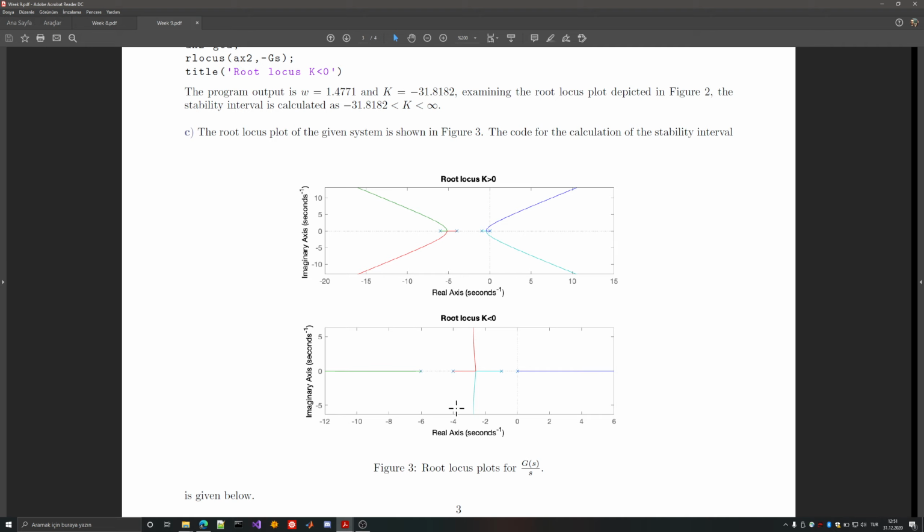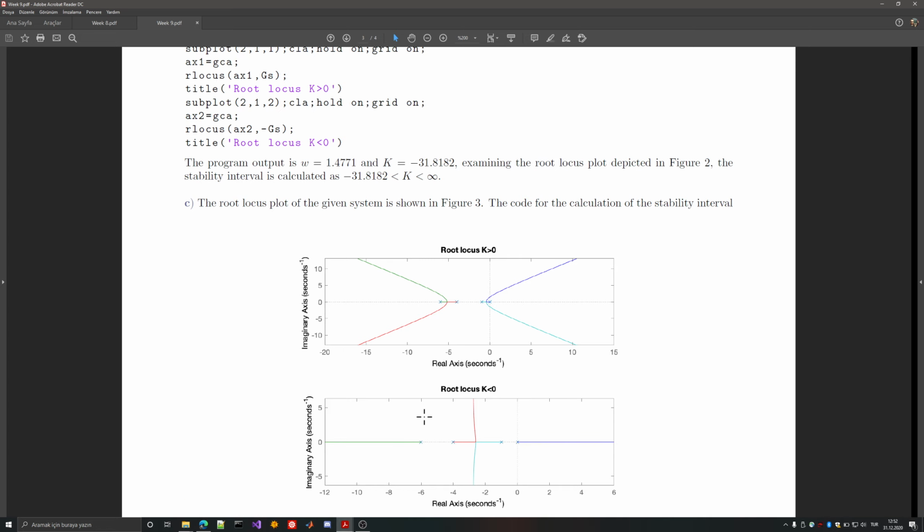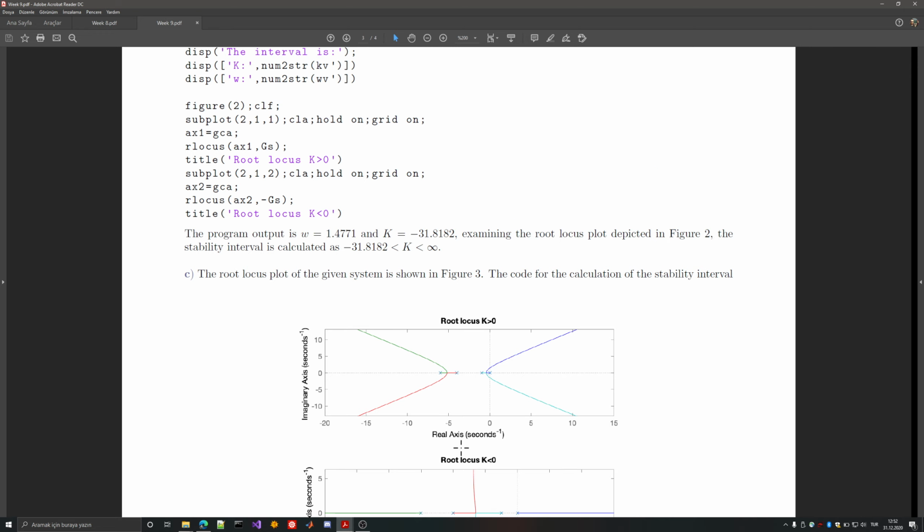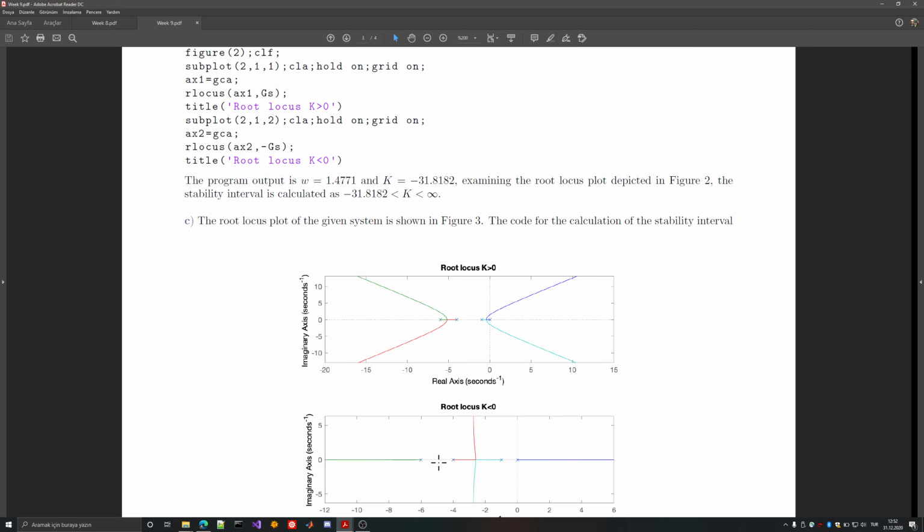Even if you had this structure here, because you can see this is tending to the left and these are going upwards and downwards, these are not trying to cross the j omega axis, but I have this problematic 1 divided by s term, which is not stable for the negative value, since it will move on to the right. So this gives me 0 bound. I had minus 24, so this is decreased.